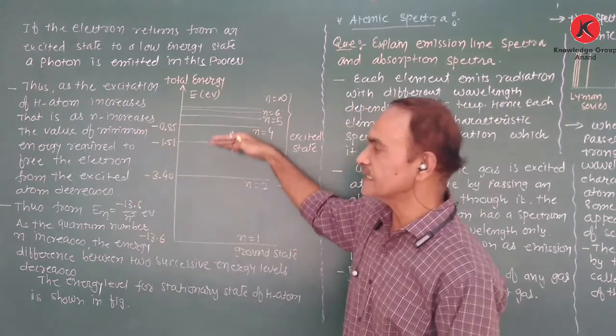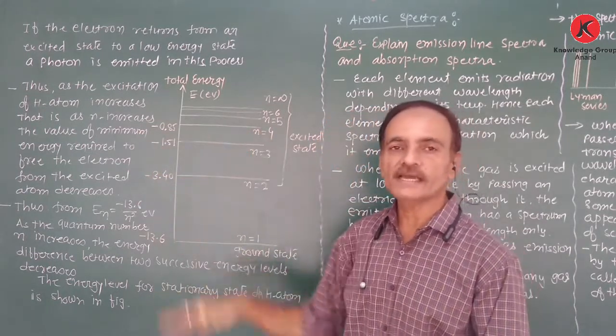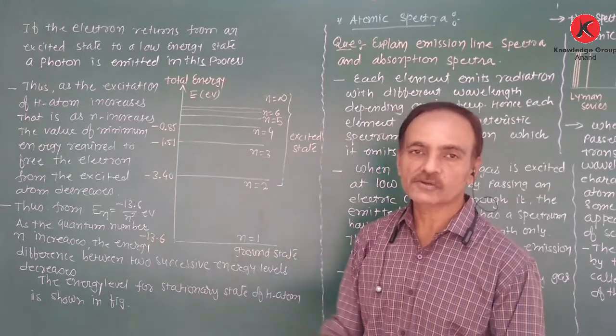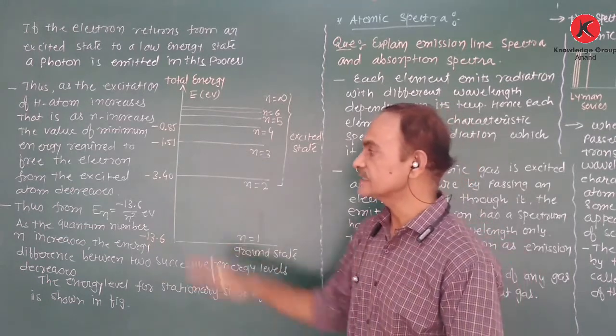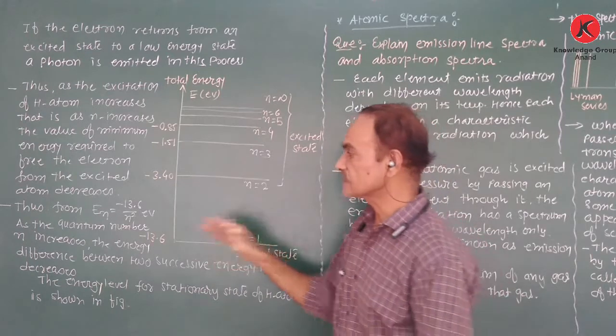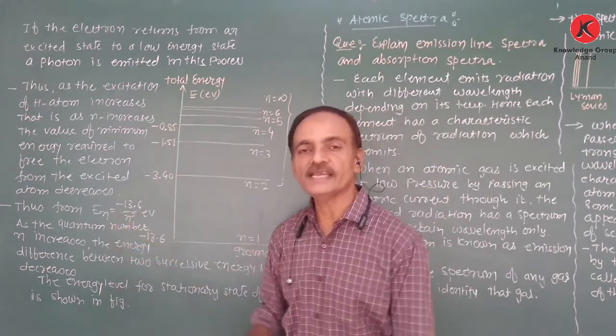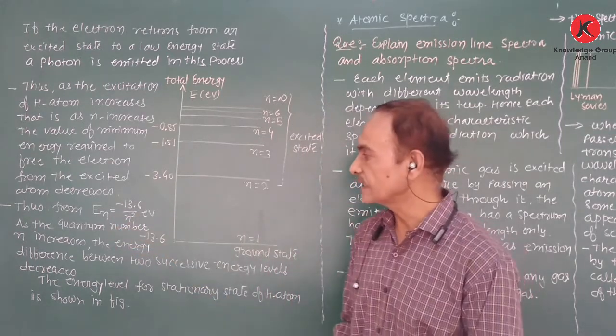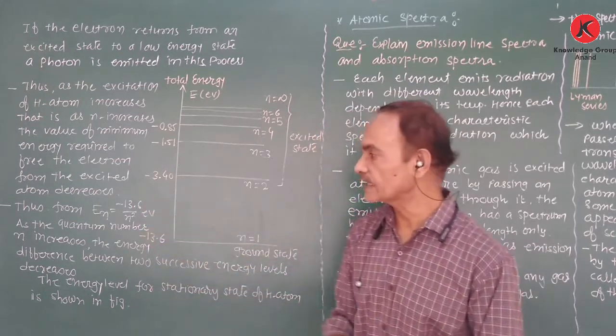As n increases, the minimum energy required to make the electron free from the excited state decreases. Thus, here the equation is En equal to minus 13.6 upon n square electron volt.